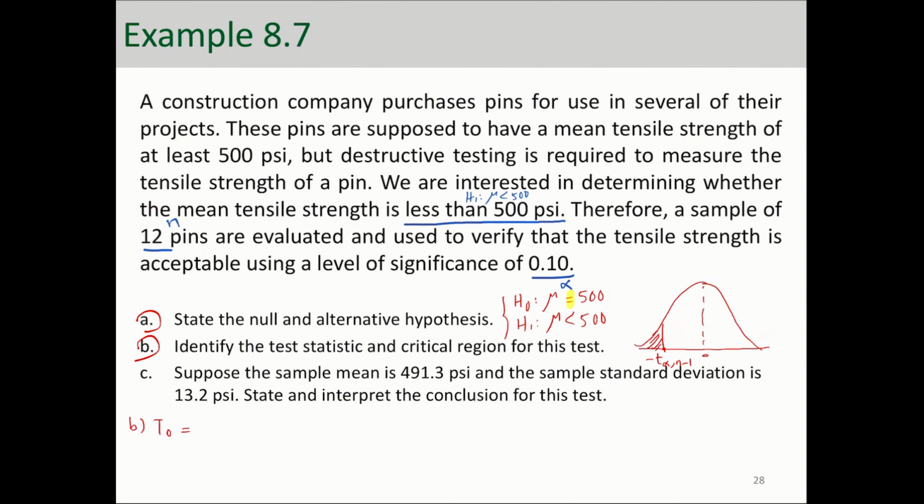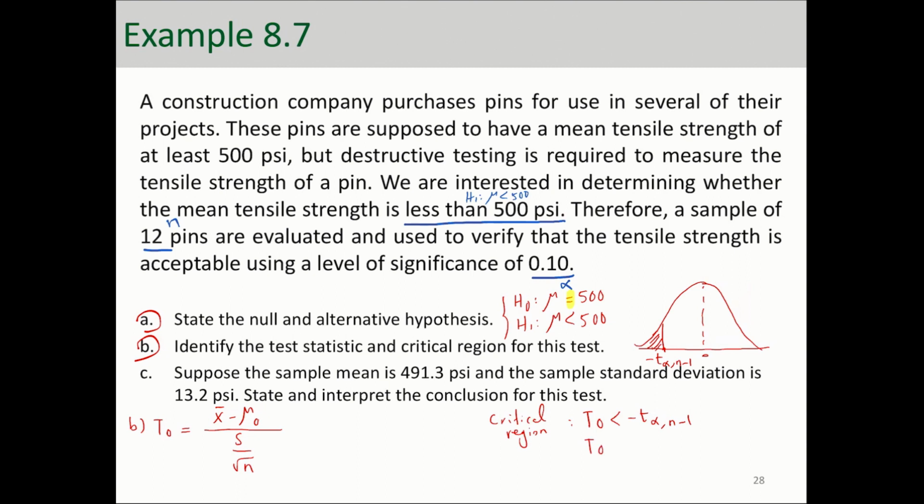So we're doing a t-test, and that is x bar minus mu naught over s divided by square root of n, and the critical region is when t-score is less than negative t of alpha and n minus 1.